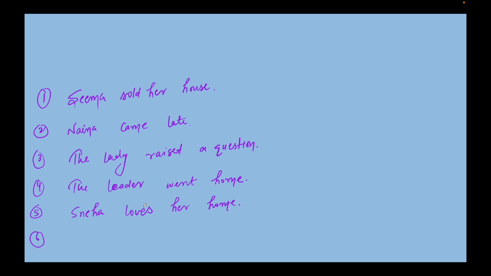Sixth one: love causes happiness. If I take some more examples, then seventh one: Rina sang a song.